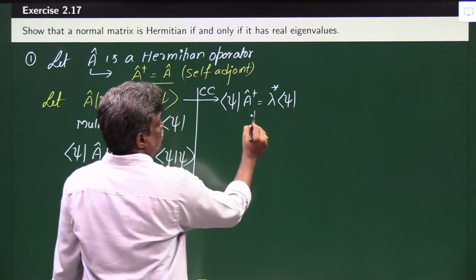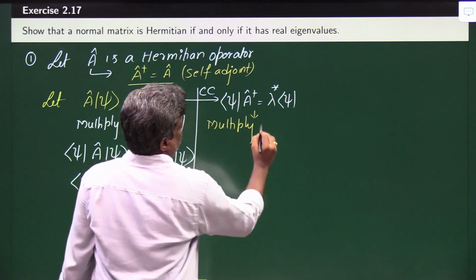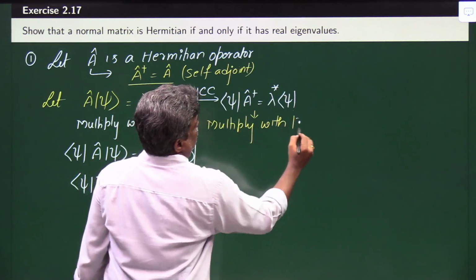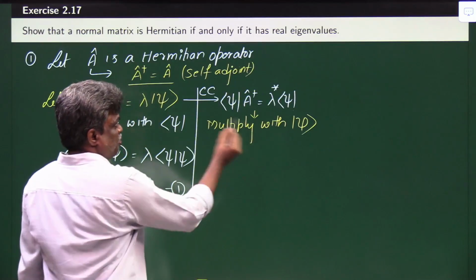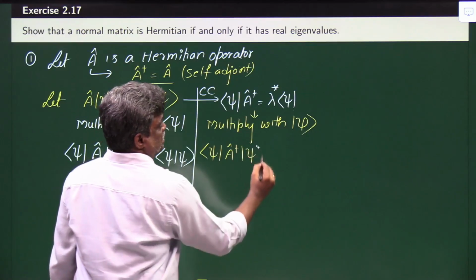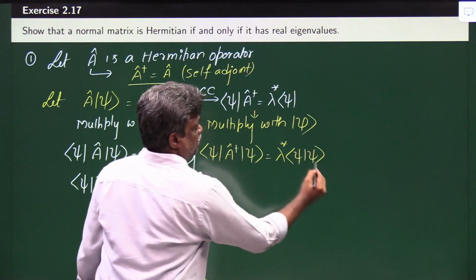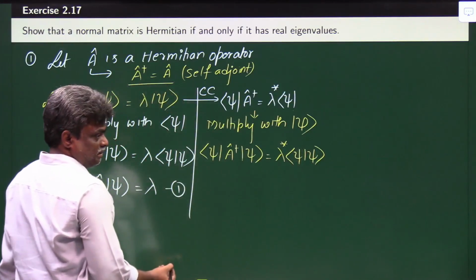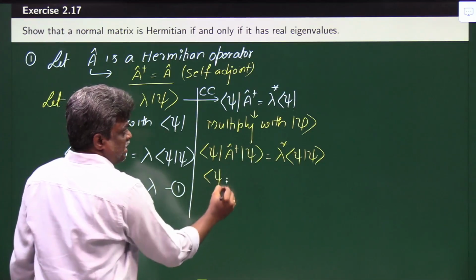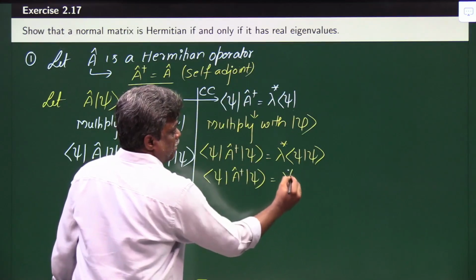Here I am going to multiply this time with the ket vector of psi. So bra psi A dagger psi equal to lambda star psi psi, and this is equal to 1, and we are left with psi A dagger psi equal to lambda star.